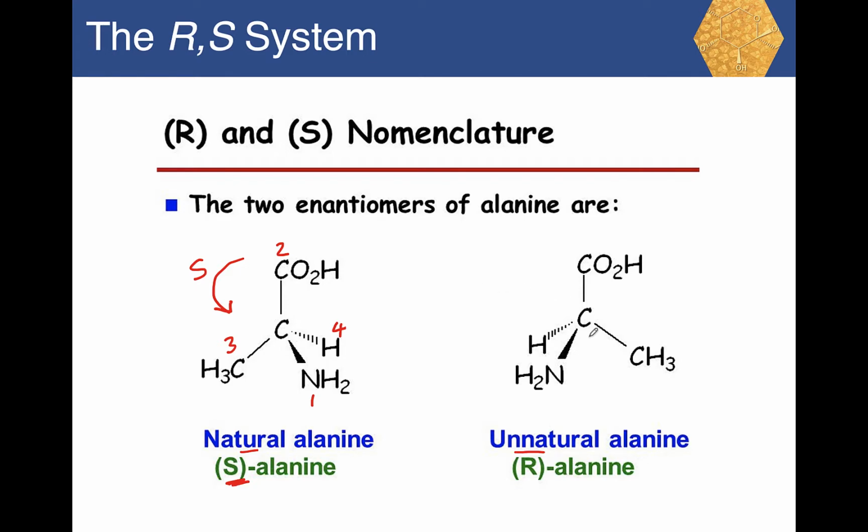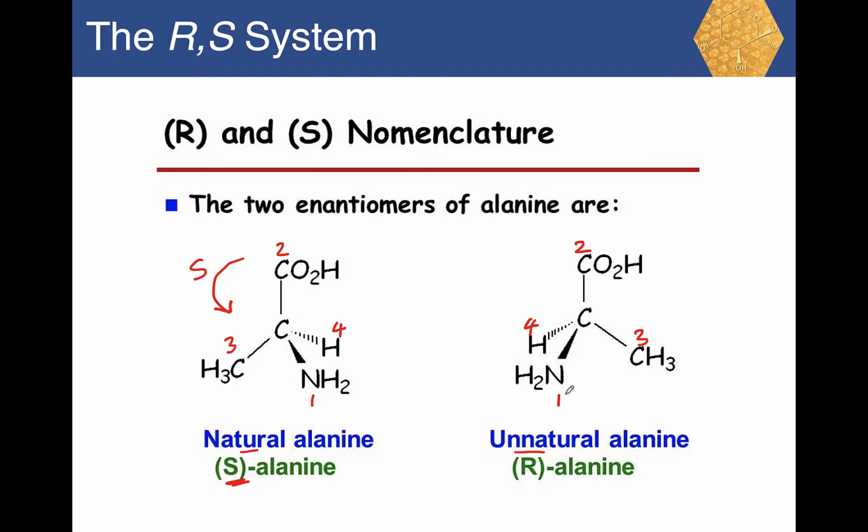Let's look at this one. Nitrogen again has an atomic number of 7, the highest of these atoms here. So this gets number 1. Carbon and carbon, but this carbon is bonded to an oxygen, so it gets number 2. This is carbon bonded to hydrogen, it gets number 3. And lastly, this is hydrogen, which has the lowest atomic number, so it gets number 4 priority.